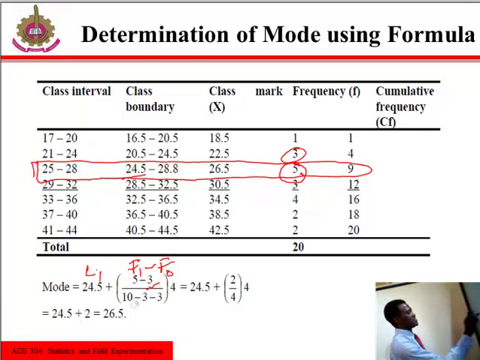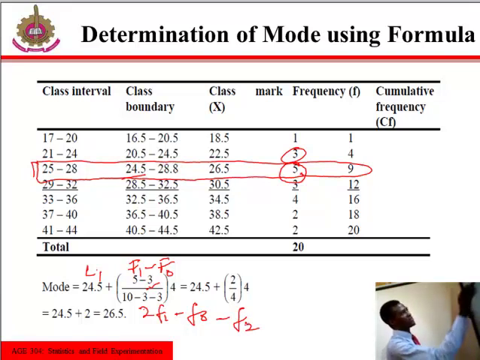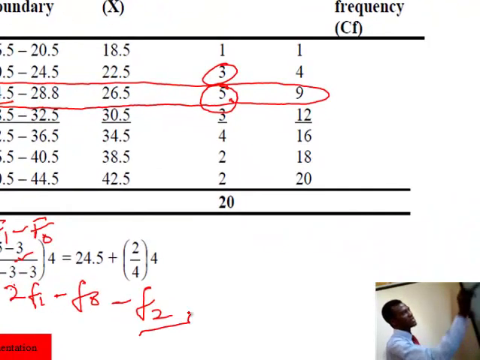Now here, the denominator, don't forget that it is 2F1 minus F0 minus F2. So 2F1 is 2 times 5, that's how we have 10. Then F0 is the frequency just before the modal class, that is 3. Then the frequency just after the modal class, F2, is also 3, as we have here.